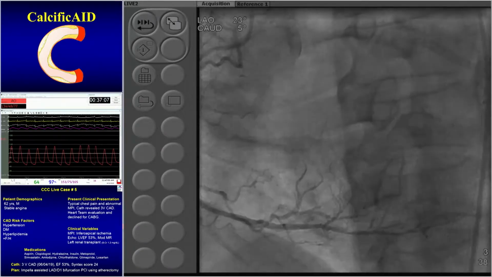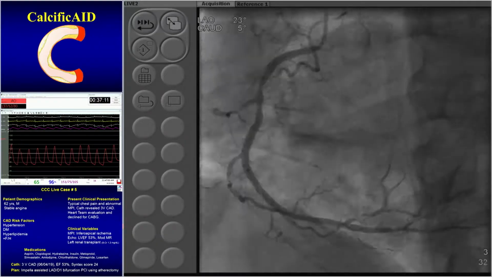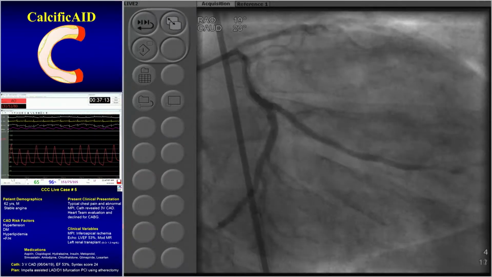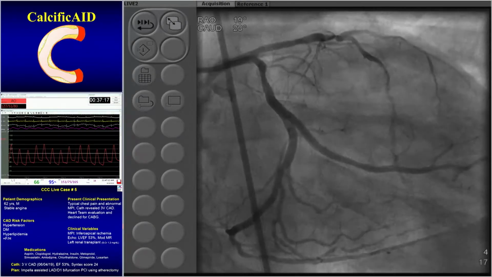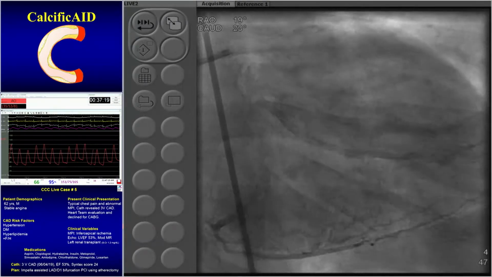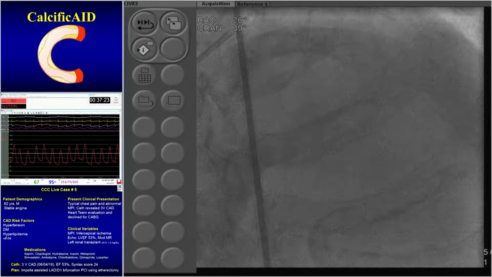The right coronary has moderate disease, 60 to 70 proximally, PDA about 50. In the left system there was disease in the OM, which was stented, but the LAD diagonal is the one in question.